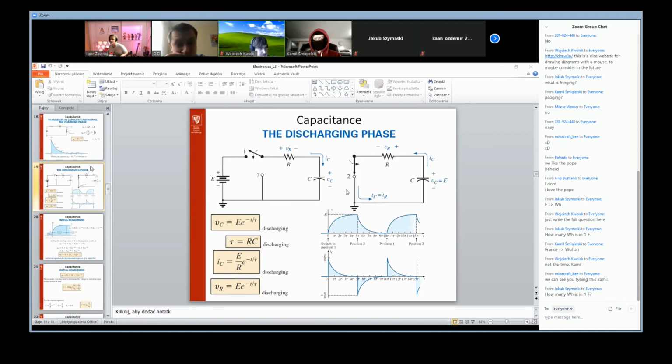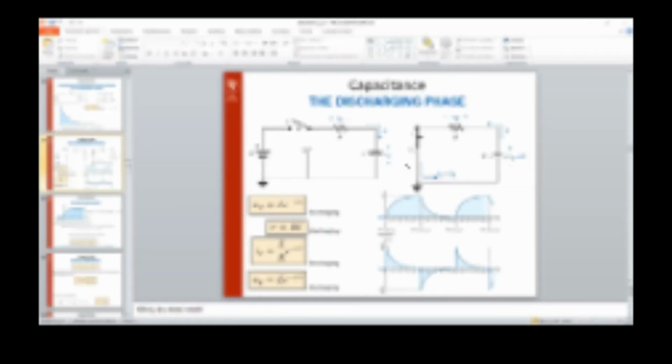However, you should know that there's no dissipation power for the capacitance. In fact, this is only the storage power. And I will give you some equations for it.